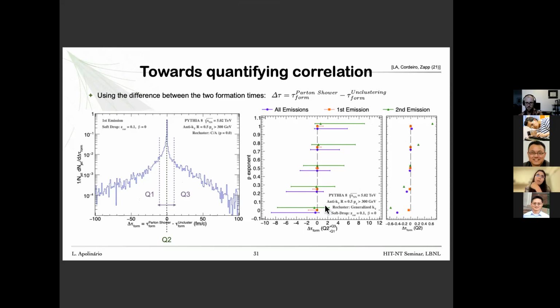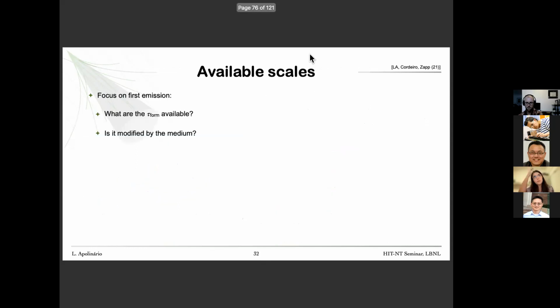Of course, we are aiming for a very central median and a shorter interquartile range. We see here the first, second, and all emissions across the leading branch of my parton shower, and overall, the tau algorithm in vacuum always shows a better performance with respect to the remaining p exponents that one could play with in this generalized kT algorithm.